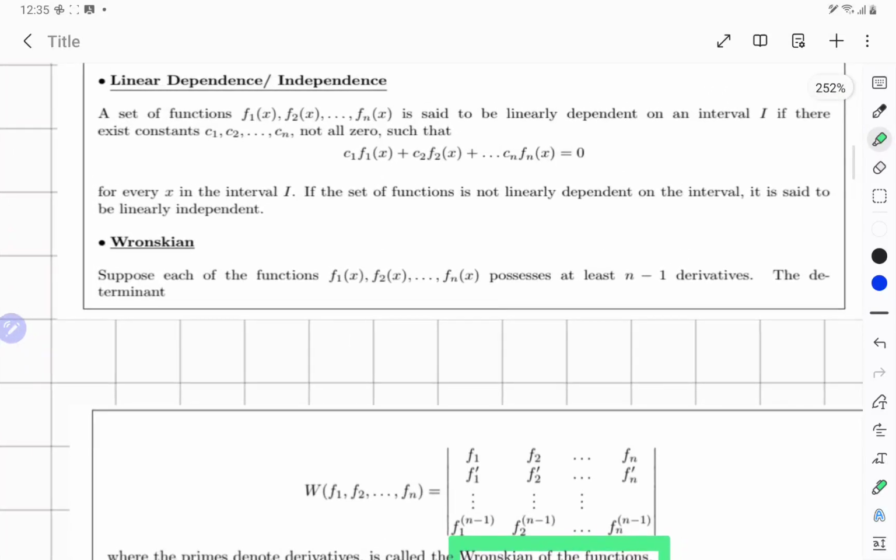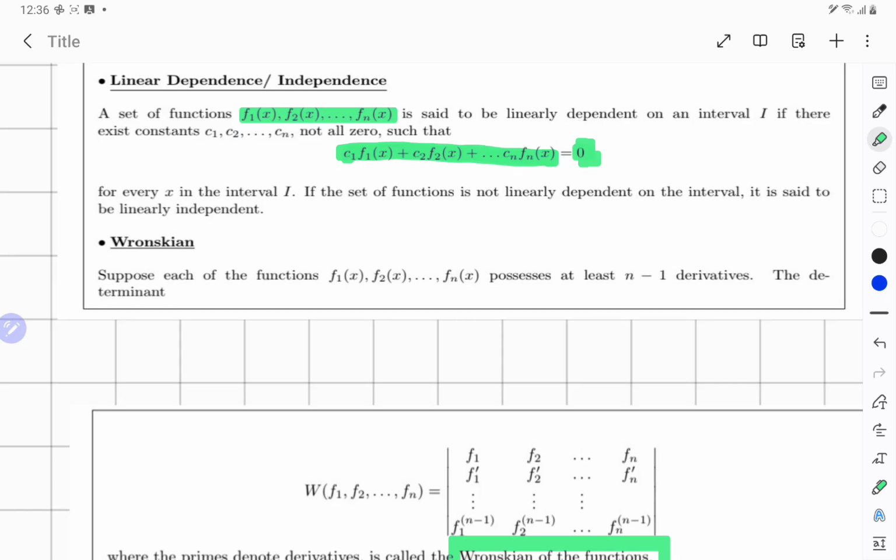So to check whether our functions are linearly dependent or independent, we write a linear combination of the functions: C1 F1 plus C2 F2 up to Cn Fn equal to 0.